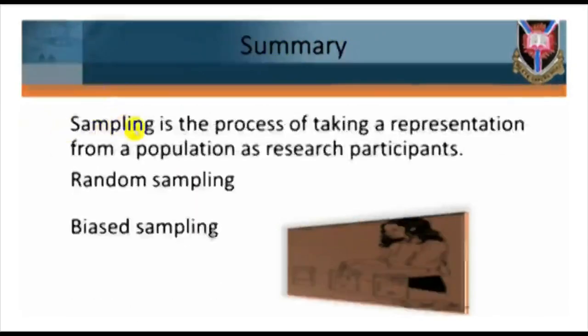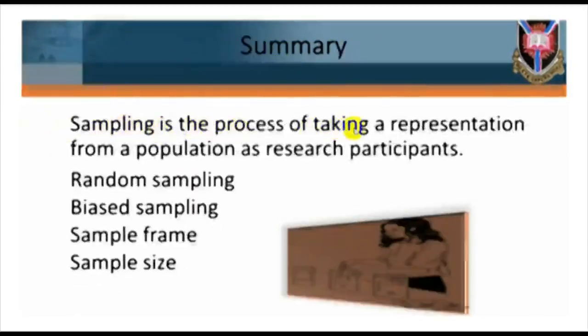Study session summary. In this session, you learned that sampling is the process of taking a representation from the population as research participants. Random sampling was explained as a case where every member of a population has equal chances of being included in a sample.